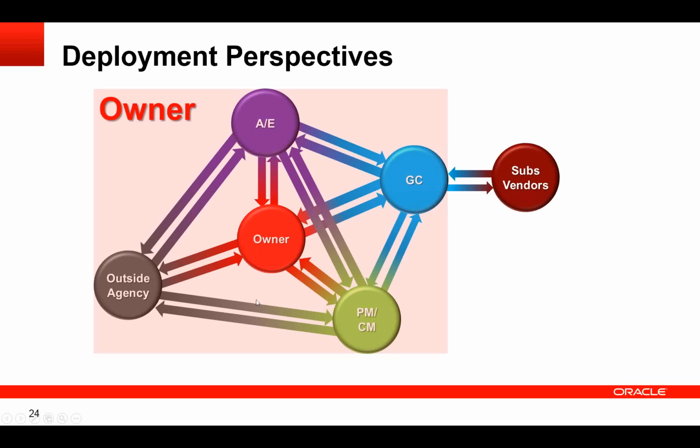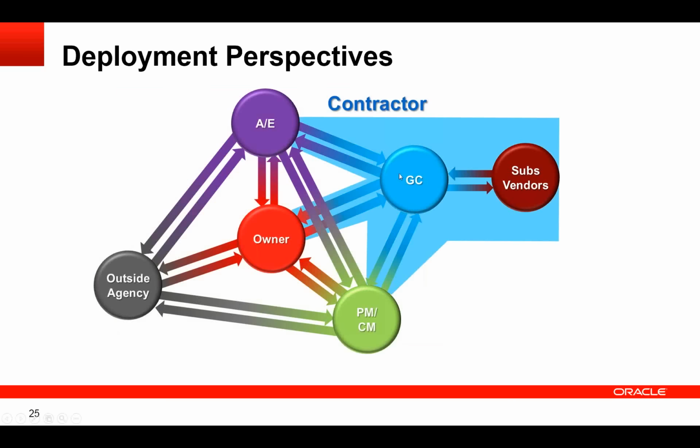Depends on how you're contracting for the work, whether the subs and vendors would be included in the owner's environment or not. A general contractor, based on contractual relationships, is going to get communications, interactions directly with different parties.